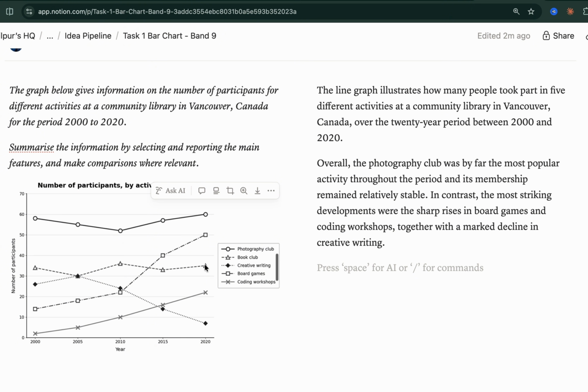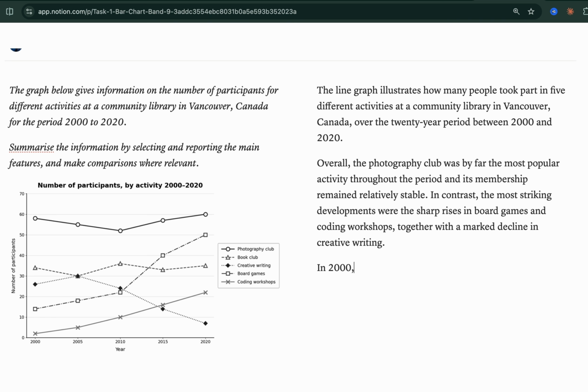So they kind of remain stable despite very minor fluctuations. So this is a very good grouping point that I can use. So I am going to group photography club and book club in my first body paragraph. So they are the stable lines. And in my second body paragraph, I am going to talk about those sharp rises and the sharp decline, or diminish. Okay, let's start with the first one.